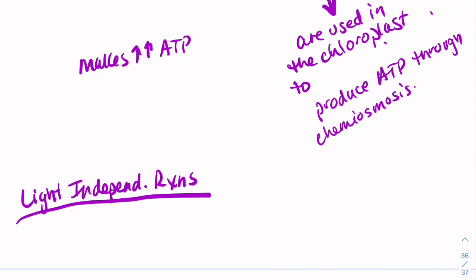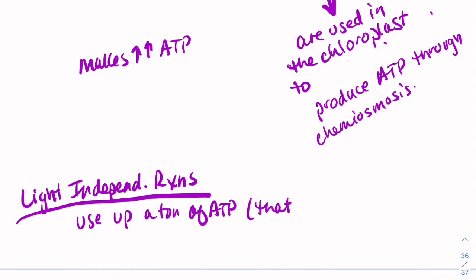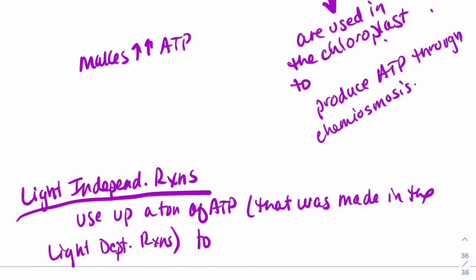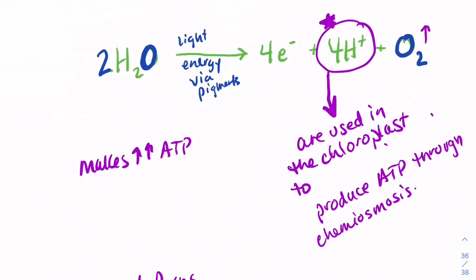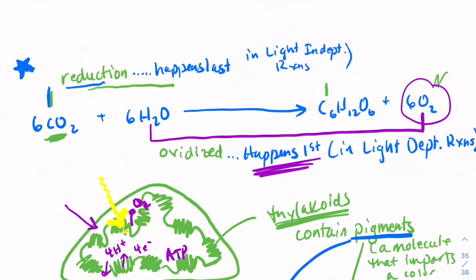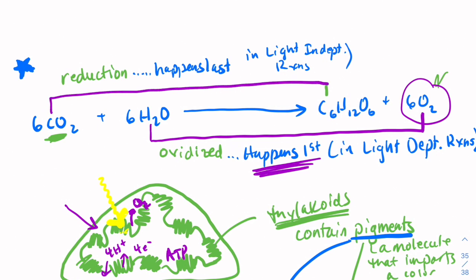The light-independent reactions use up a ton of ATP that was made in the light-dependent reactions to do the other part of photosynthesis back here, to do this part here.